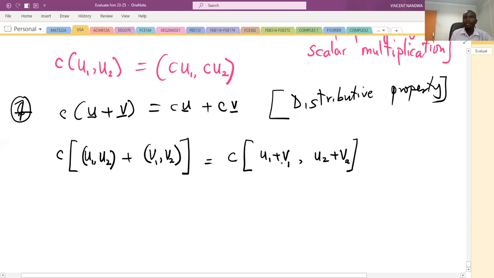So this is the sum of these two vectors, U and V. And so I can just write C times the sum of the two.